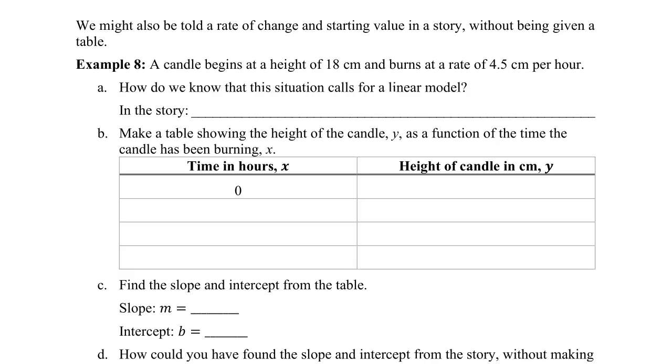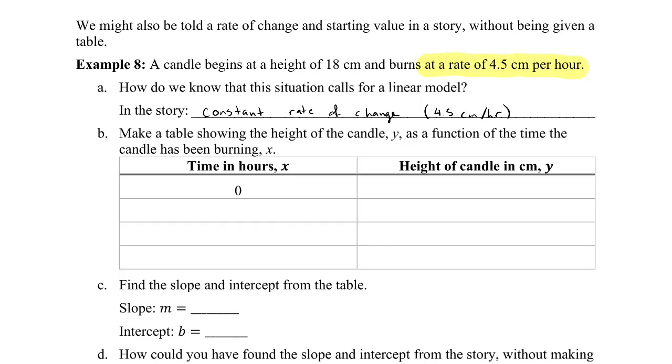So, how do we know this calls for a linear model? When we say the candle burns at a rate of 4.5 centimeters per hour, well, 4.5 centimeters is a constant number. And so this is telling us about a constant rate of change. In this case, 4.5 centimeters per hour.